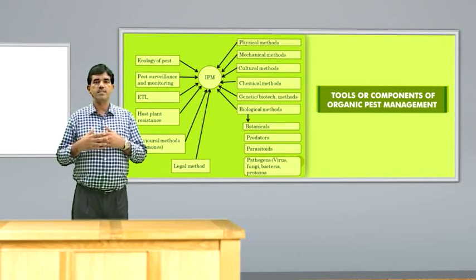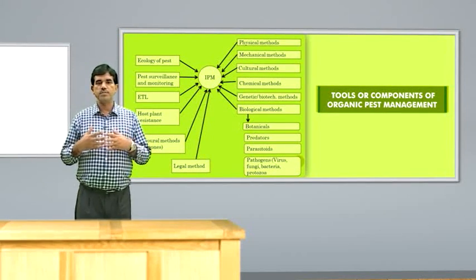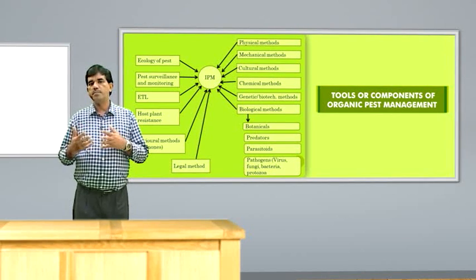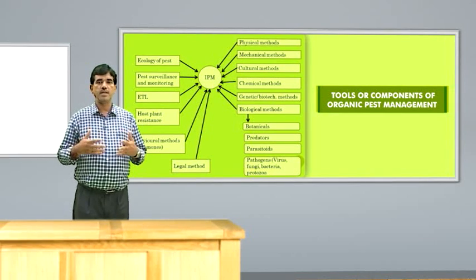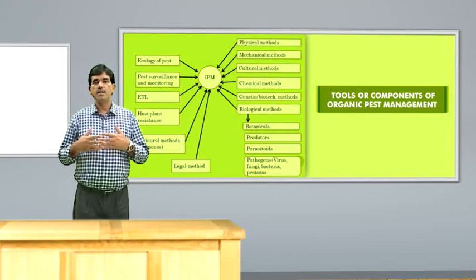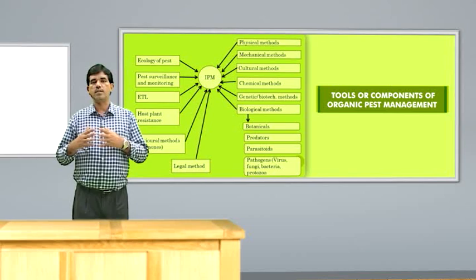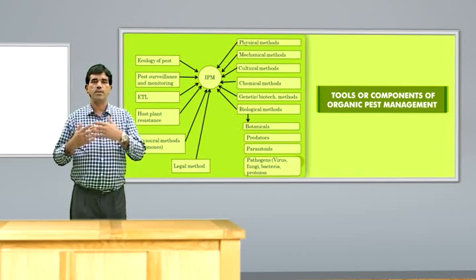And host plant resistance, behavioral methods like use of sex pheromones or lures, physical methods, mechanical methods, cultural, chemical or genetic methods, and of course biological methods like use of botanicals, predators, parasitoids and plant pathogens. So these are integrated together, or one or two can be taken in one go.